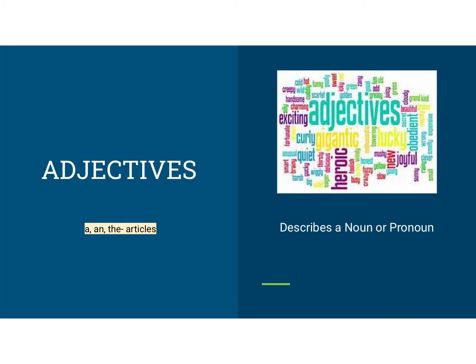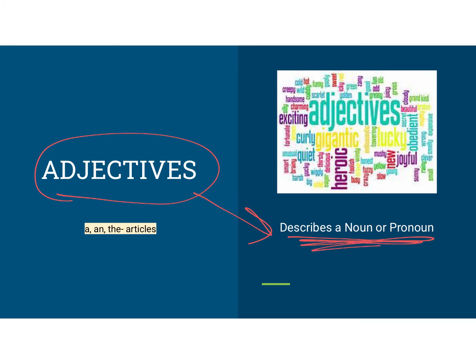Our next part of speech are adjectives. Adjectives are very, very important because they add the detail to our writing. An adjective describes a noun or a pronoun. Okay, so an example would be blue bird.